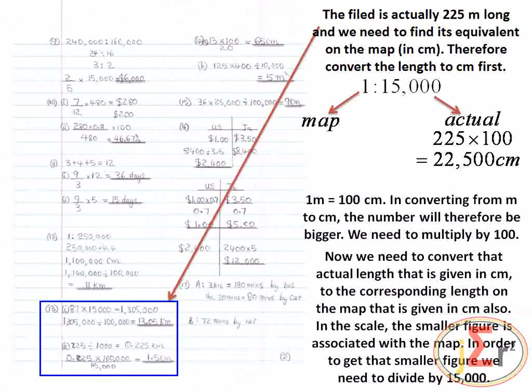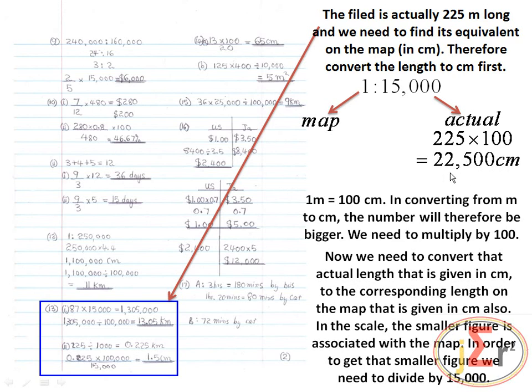Now, we need to convert that actual length that is given in centimeters to the corresponding length on the map that is given in centimeters. Also, in the scale, the smaller figure is associated with the map. In order to get that smaller figure, we need to divide by 15,000. So this is what we have in centimeters.